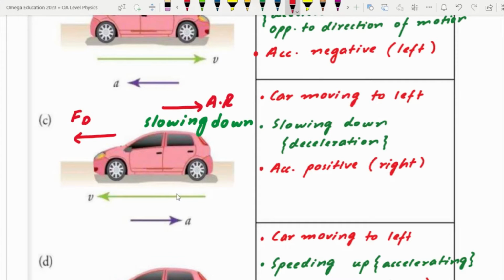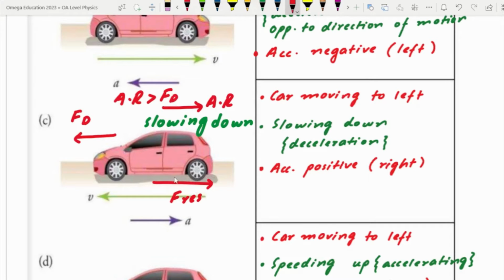So if air resistance is greater, which is towards the left side, then the resultant force would also be towards the left side, because air resistance is greater than driving force. Only then the object can slow down.